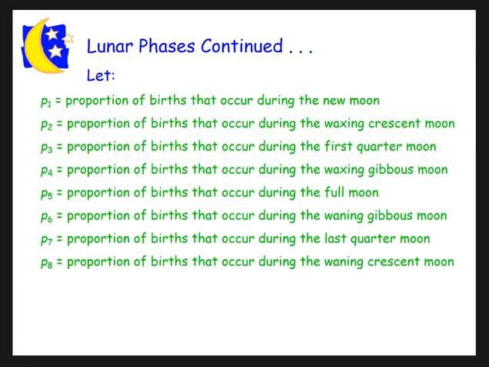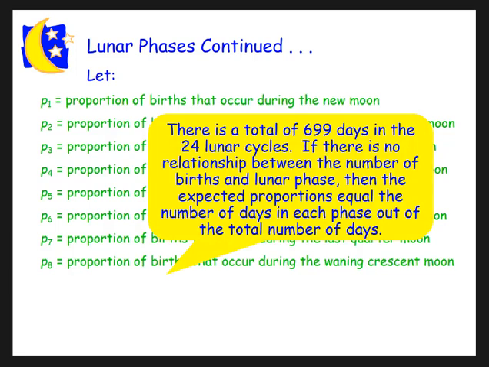For our hypothesis, p1 is the proportion of births that occur during the new moon, p2 is the proportion during the waxing crescent moon, and on down the line all the way to the waning crescent moon. There is a total of 699 days in the 24 lunar cycles.